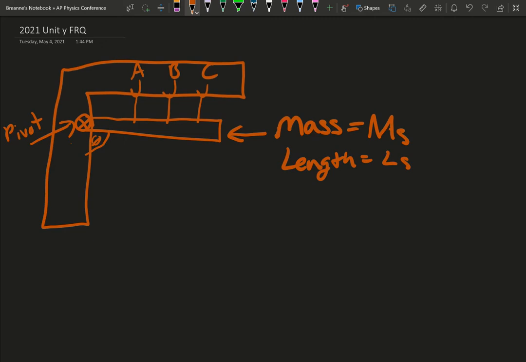And then the equation you're using is your torque equals your distance, or your radius, so basically the distance from the pivot point times your force. And since there is an angle involved, you gotta use sine theta.